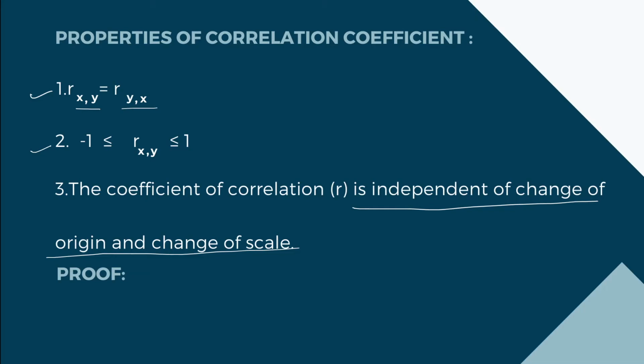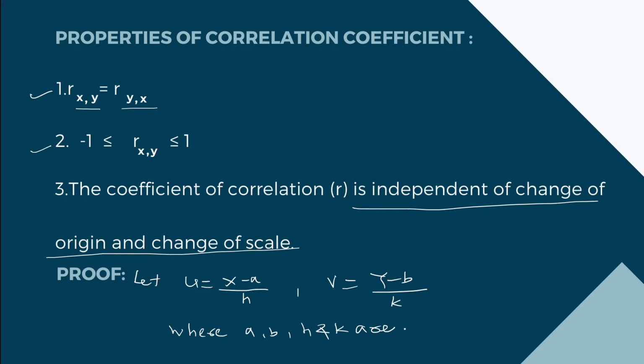To prove the property, we will define the two new variables as let u equal to (x minus a) upon h and other variable v equal to (y minus b) divided by k, where a, b, h and k are constants with h not equal to 0 and k not equal to 0.